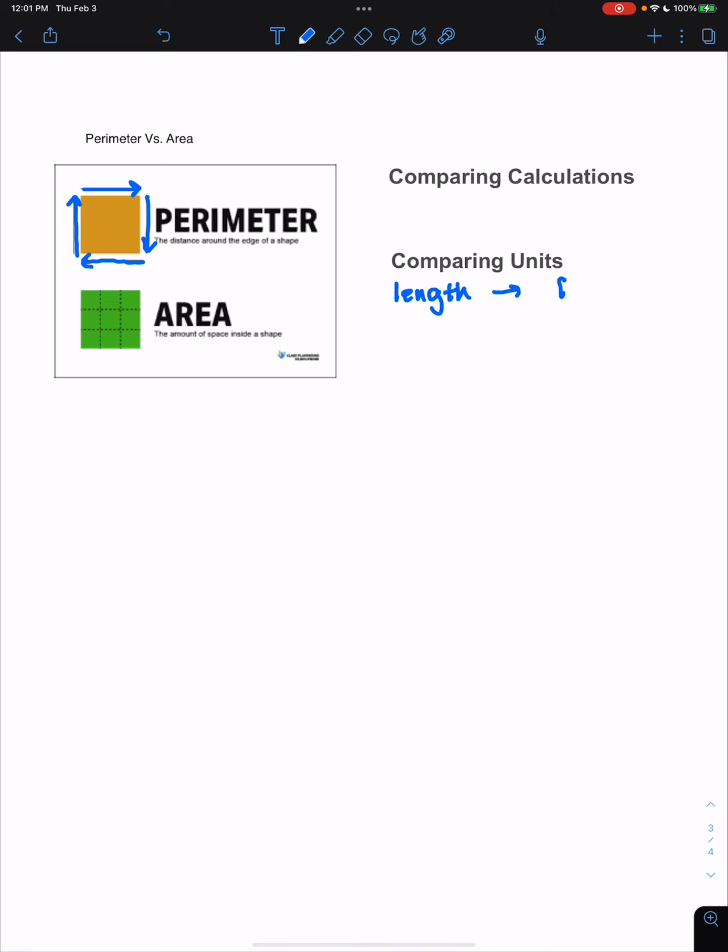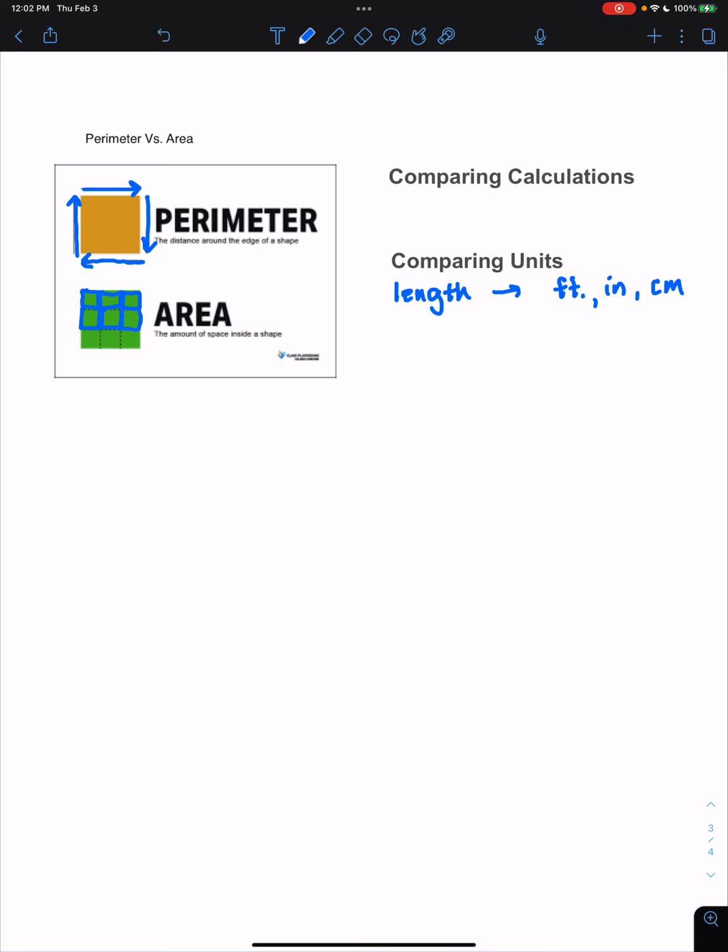So for example, feet, inches, centimeters, things like that. And then for area, we are actually measuring the inside part of the shape, and we're measuring that in squares. So square units.